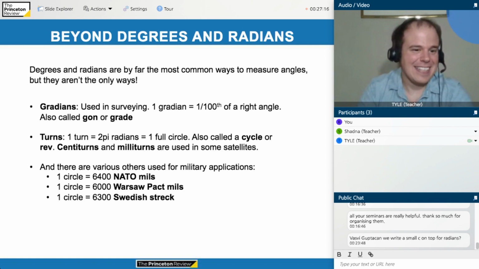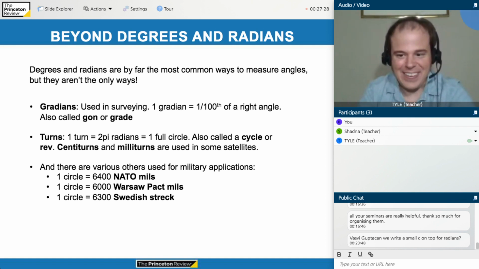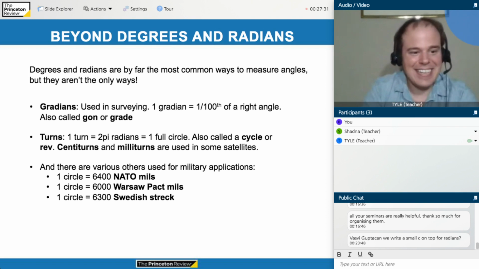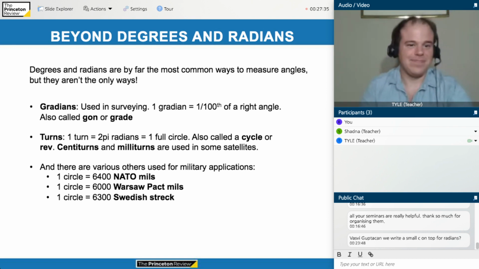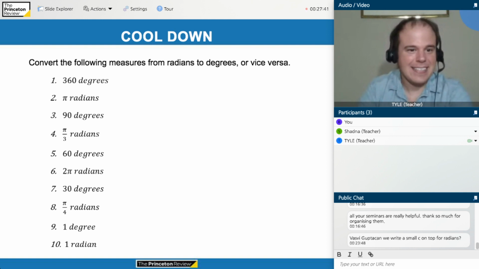The idea there is that you can achieve a higher resolution than with a 360-degree scope, while also keeping it easier to divide into parts than if you were to use, say, thousandths of a radian. Okay, don't worry about that too much. Just letting you know that there's a whole bunch of cool different units out there. But usually, almost all of the time, we stick with degrees and radians.